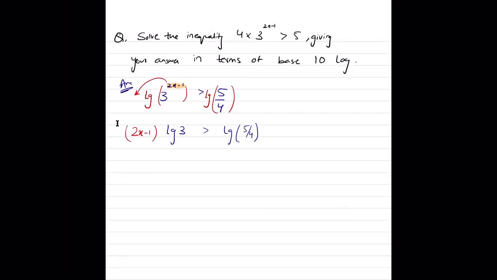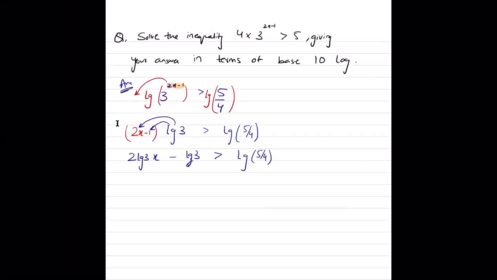That's also fine. Or I could just multiply LG3 with 2x and LG3 with 1. So 2 times LG3 x minus LG3 greater than LG 5 upon 4. I could do this as well, right?